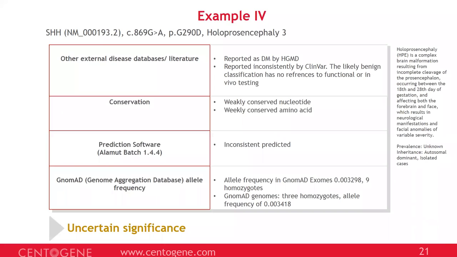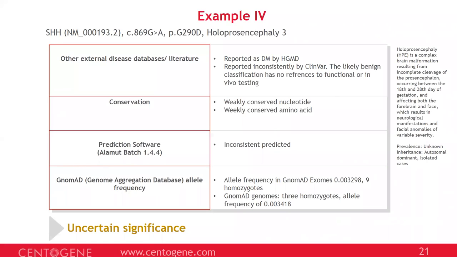Initially, we identified this variant in a patient who was referred to us with the clinical suspicion of holoprosencephaly. The variant was reported in HGMD as disease causing, and in ClinVar as inconsistent: pathogenic, VUS, and benign. Predictions were inconsistent, and conservation not really supportive.